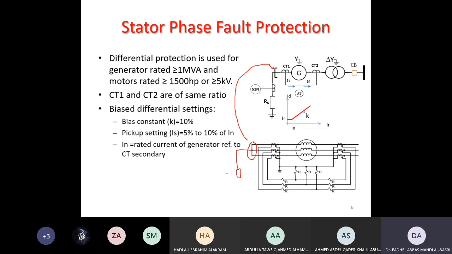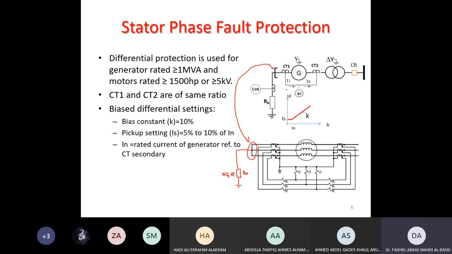We sometimes call it NGR, the neutral grounding resistance, which is RN in this case, and that goes to ground. In the single line diagram, we just show it like this. This is the star point.